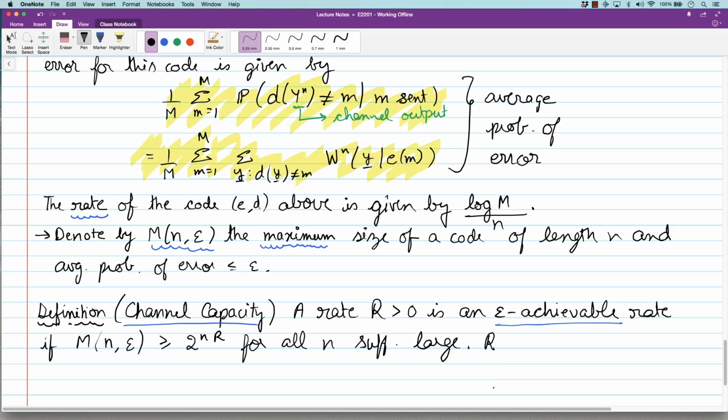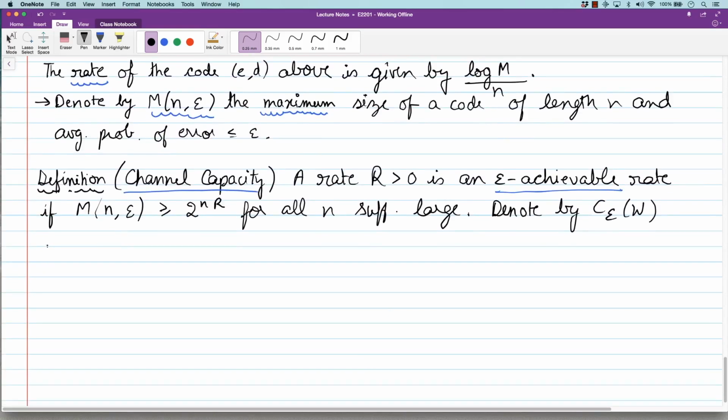So denote by C epsilon W the supremum over all achievable rates.